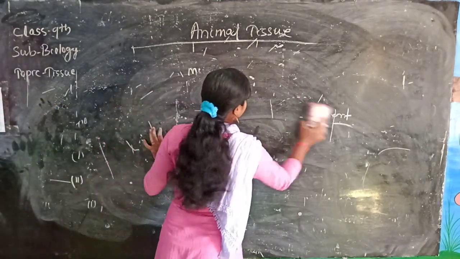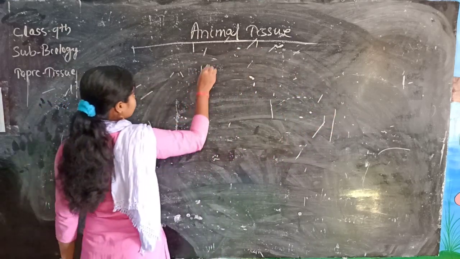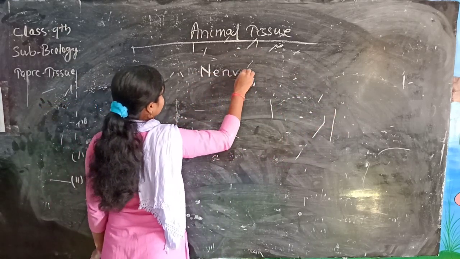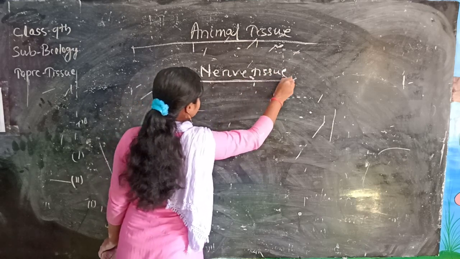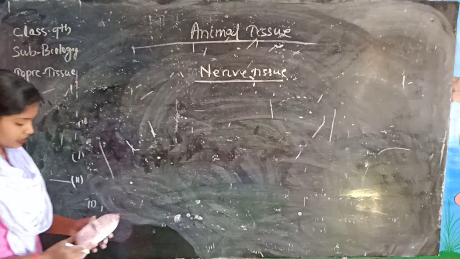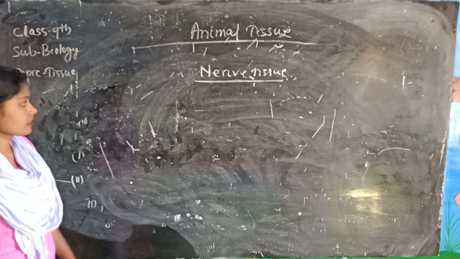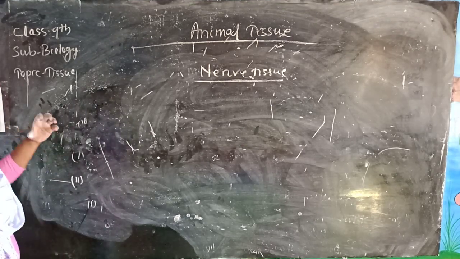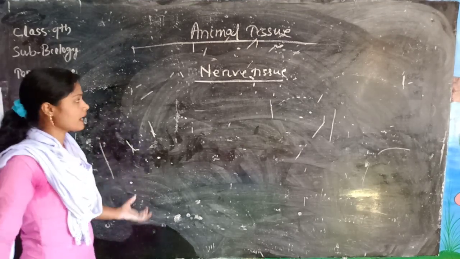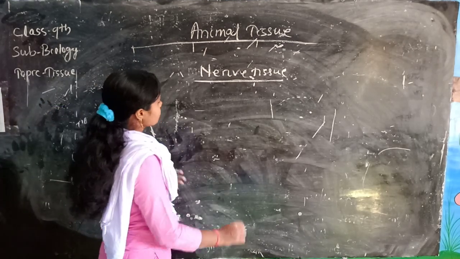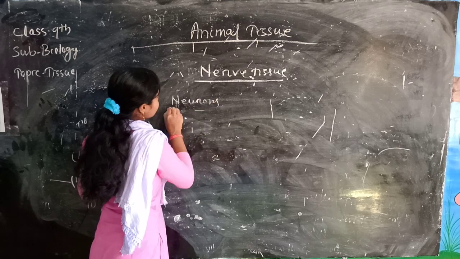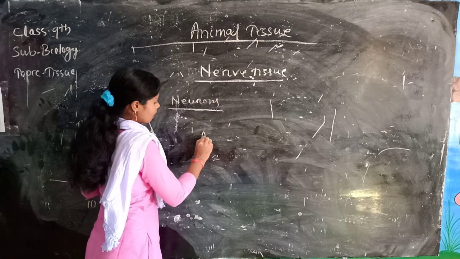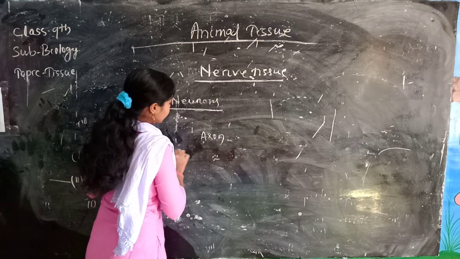Next, see the nerve tissue. It transfers information. It is present in the brain and spinal cord. It is also called neuron. Neurons contain one long axon and dendrites.